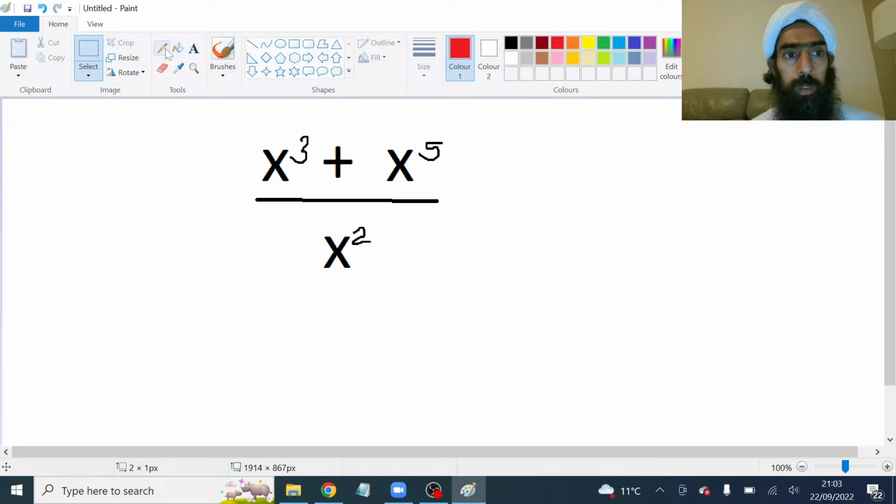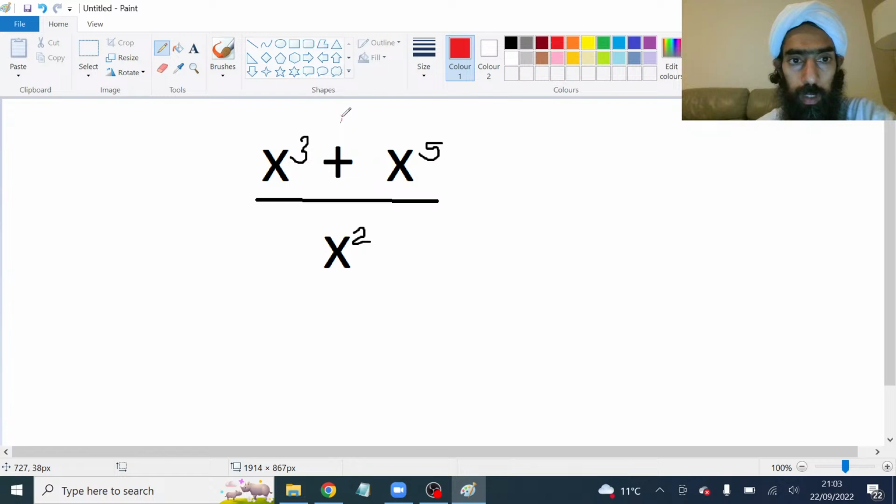Here, what you notice is that there's only one term on the denominator, and whenever that's the case, then you can use this technique. On the numerator, there can be a plus or a minus. It can even be a couple of terms, maybe a few or maybe even 4. As long as it's pluses and minuses in between, then we can use a splitting technique.